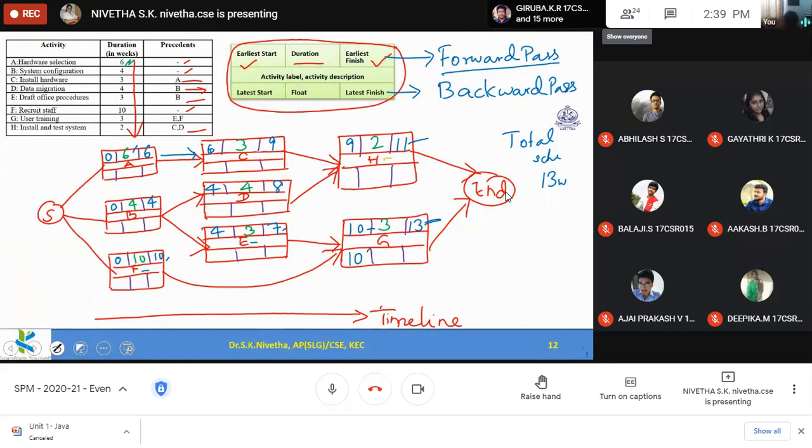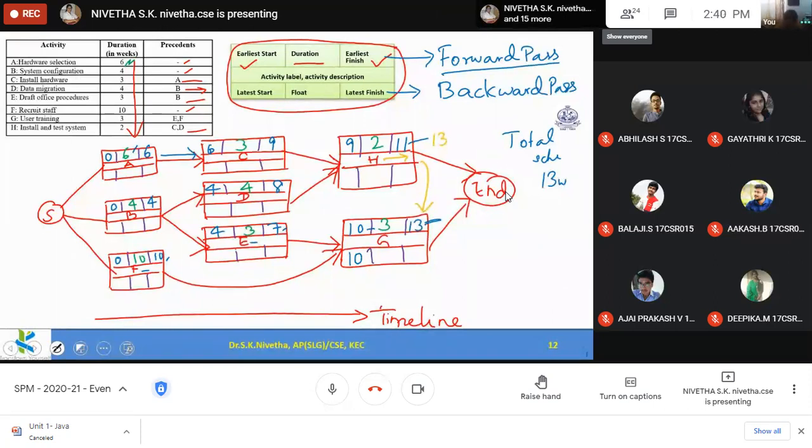H, if you see, the 11th week it is getting completed, but I have time after that till 13. So I can postpone this activity. For example, if you are completing this in the 13th week, then 13 minus 2 is 11.